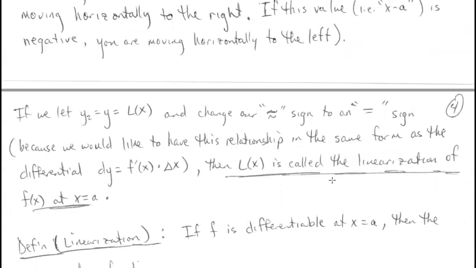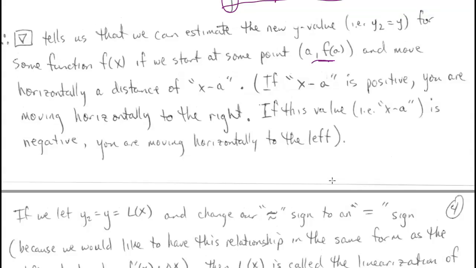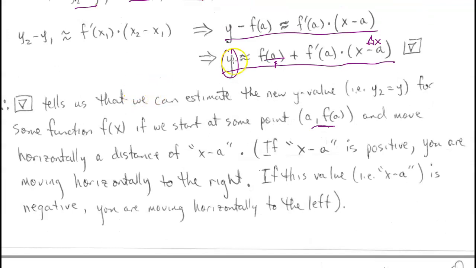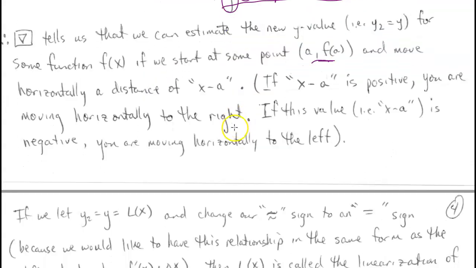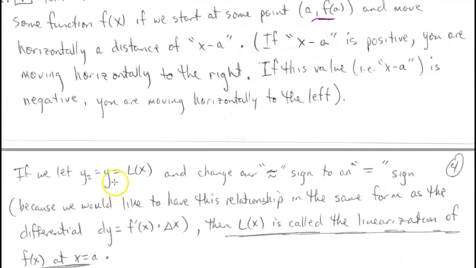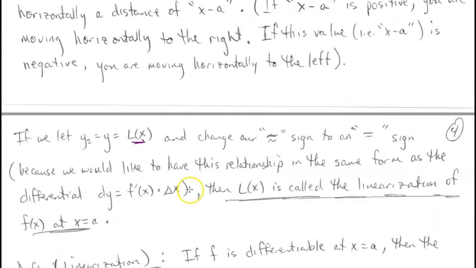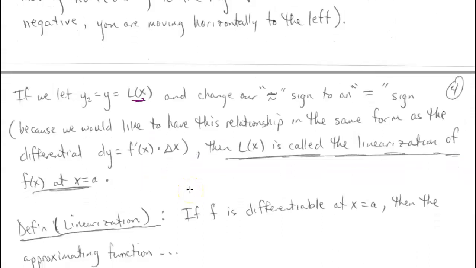All right. So the last thing is that if we take this approximation sign and actually make it an equal sign, okay, and we let y sub 2 be L of x, then what we essentially have is our formula for what we call the linearization of a function f of x at x equals a.